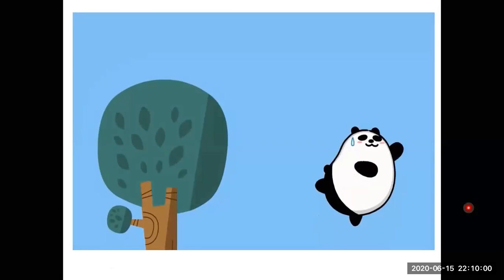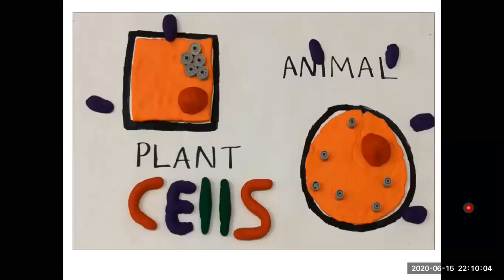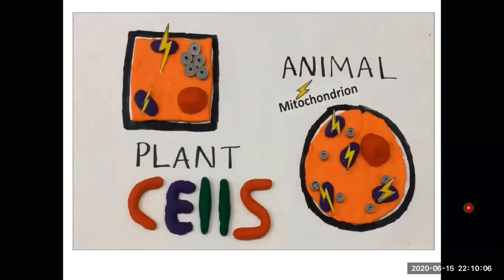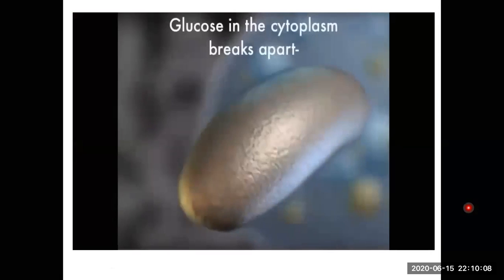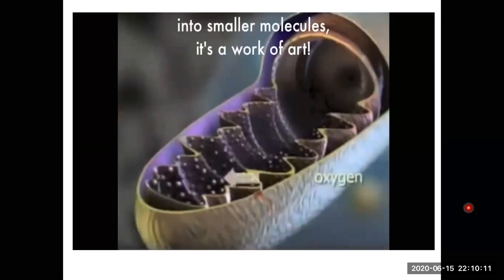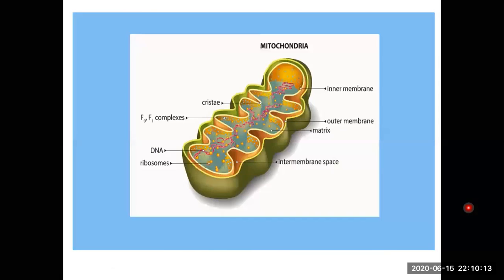In plants and animals, cellular respiration takes place at the mitochondria. Think of the mitochondria as a power plant for the cell, because the energy of the cell is generated at the mitochondria. Just like these power plants and turbines in this video generate power for their city.